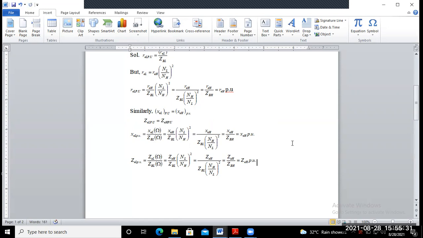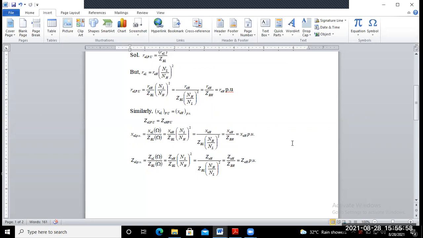But not exactly the same thing happens in the actual quantity. That means resistances are in ohm, so those parameters may have different values. But whenever you convert resistance, reactance, or impedance in per unit, either low voltage side or high voltage side, that will be equal.